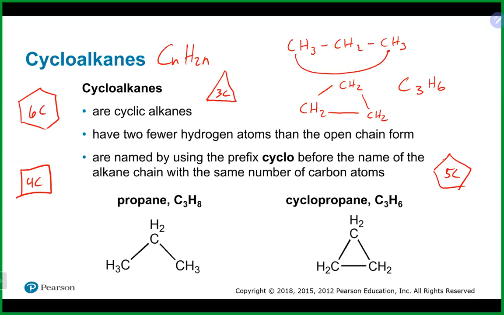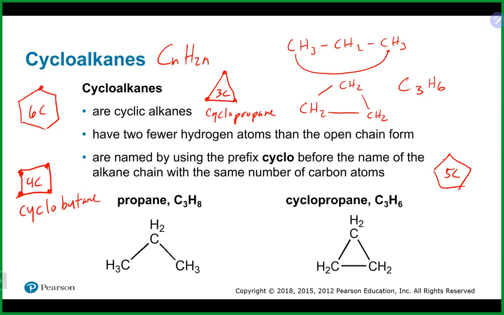How do we go about naming guys that are cycloalkanes? You put cyclo in front of the name. So that is 3 carbons, which means that's propane, and it becomes cyclopropane. That is 1, 2, 3, 4 carbons, which is butane, and a ring structure that would be cyclobutane.